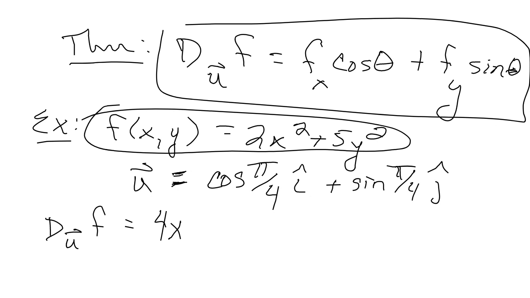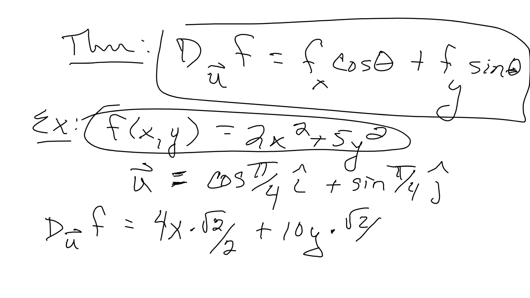Well, cosine theta is cosine of pi over 4, which is square root of 2 over 2, right? So we have that, and then plus the partial of f with respect to y. Once again, the 2x squared would be considered a constant, so that'd be 10y to the first, and then times the sine of pi over 4, which is square root of 2 over 2.